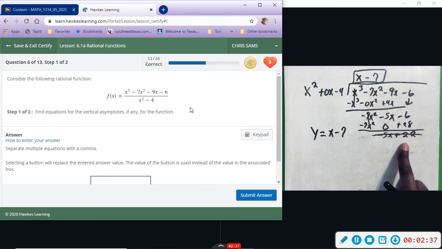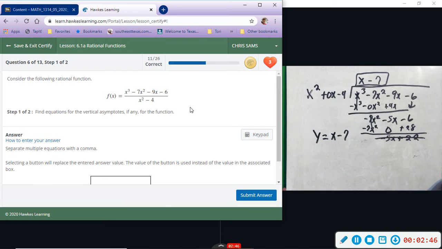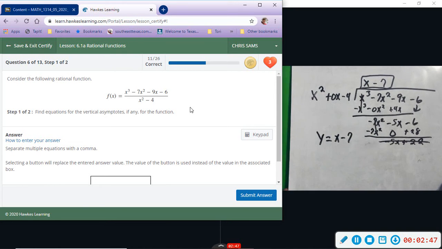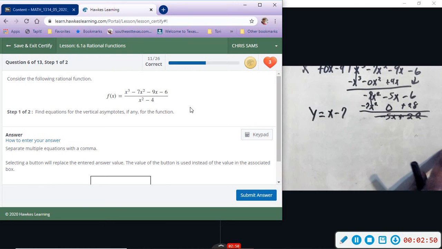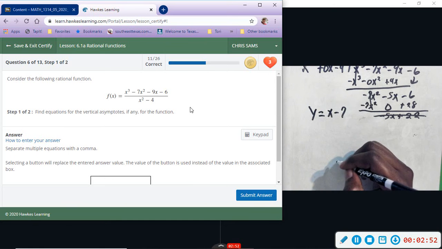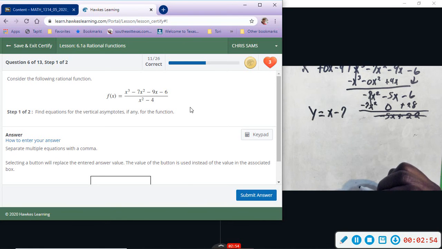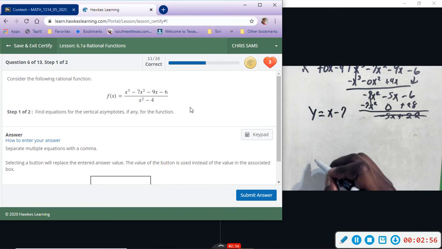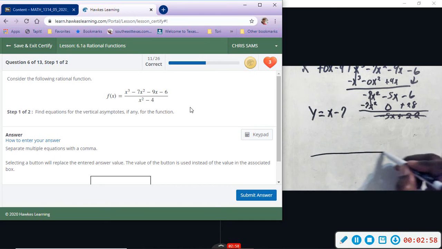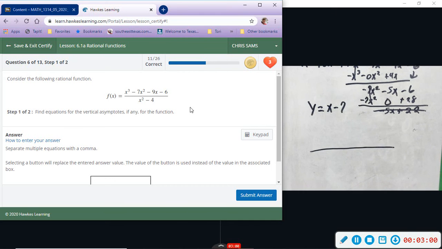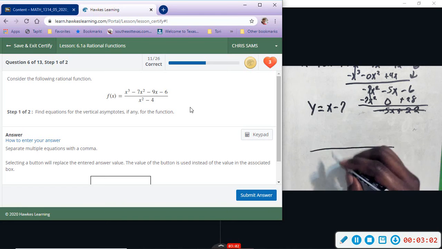Now, because this did not go in evenly, I want to check and verify that I do get vertical asymptotes. So what I'm going to do is I'm going to try to factor the top and the bottom. Okay, so the bottom of this is a difference of squares, x plus 2, x minus 2.